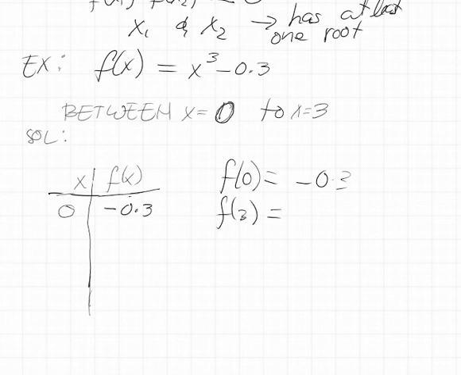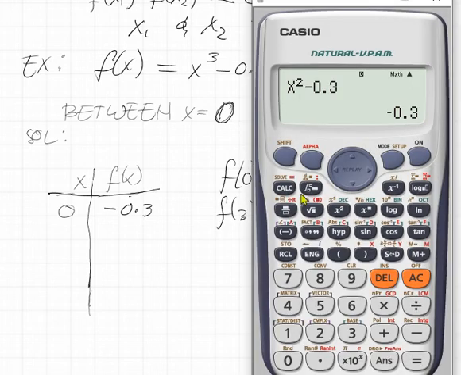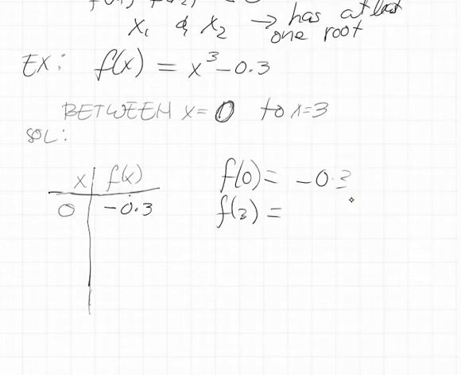What is f of 3? Calc again, 3. It's positive. So f of 3 is positive, 8.7. So what's the conclusion? The conclusion is if we multiply them, the answer is less than 0, or a negative value. So meaning there's a root between 0 and 3. So we check it, there's a root.